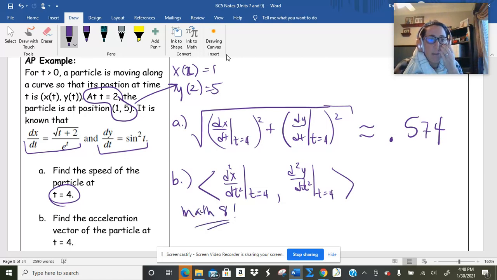Okay, this is a calculator question. So I'm going to go to Math 8 and plug in 4 here and just see that this is negative 0.041, and do the same thing here and get 0.989. So again, if you need to pause, make sure you can go get those two things. These are really calculator active questions that we want to utilize our calculator.